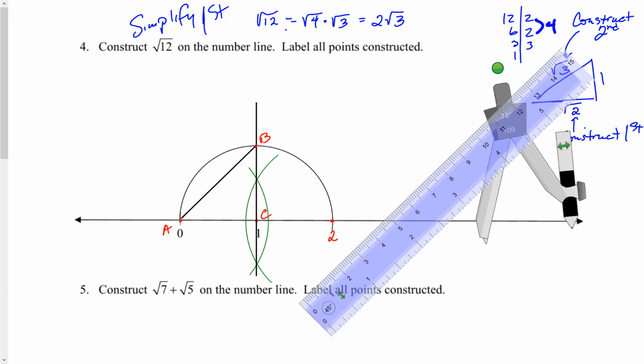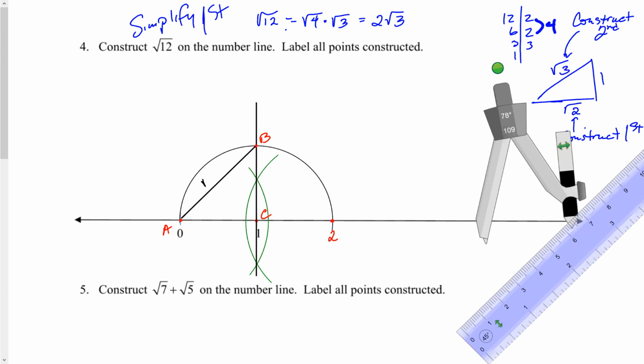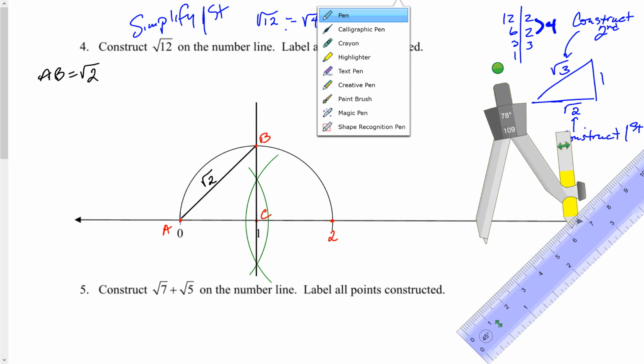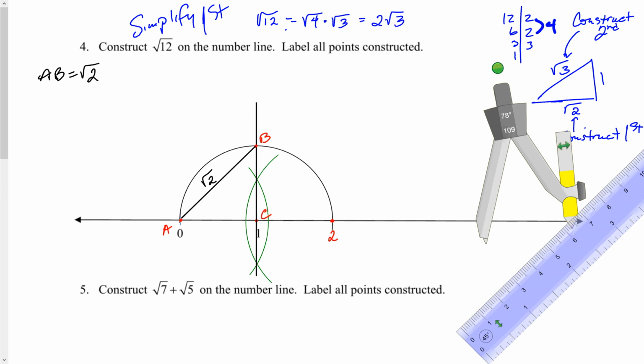Okay, so I just got root 2. So AB is equal to the square root of 2. And we have an isosceles right triangle again, with side lengths equal to 1. Pause the video and just catch up with me here.